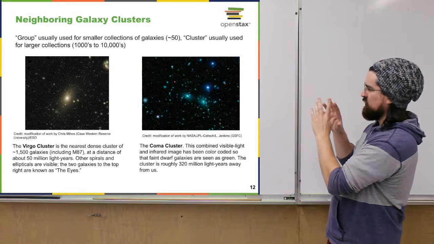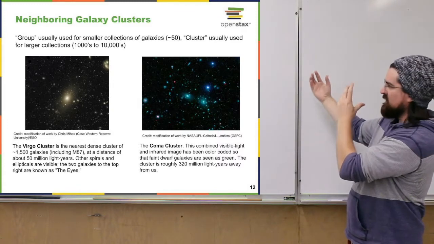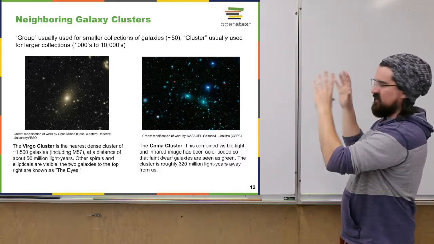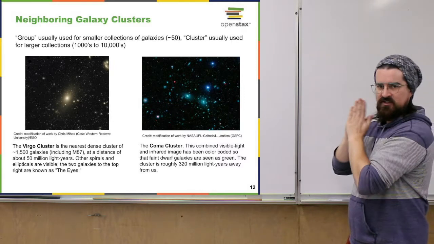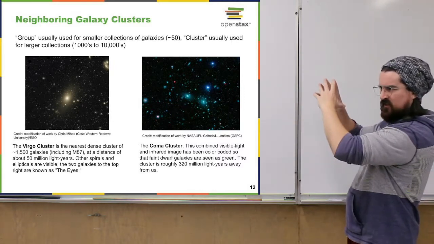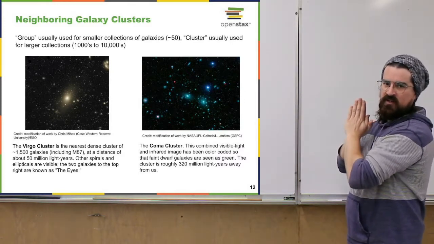And so when we look at stuff behind a cluster of galaxies, the light that's coming from behind it will bend and warp around. And I mentioned this process before called gravitational lensing. These big clusters of galaxies can act like giant lenses in the universe that are warping the light from stuff behind it.